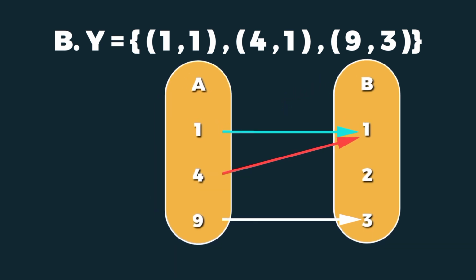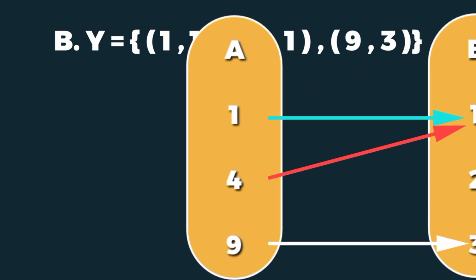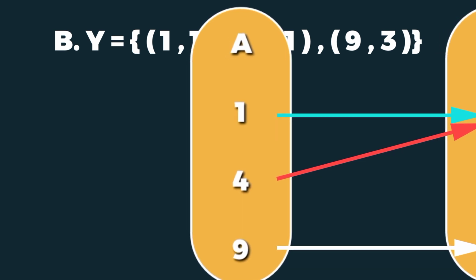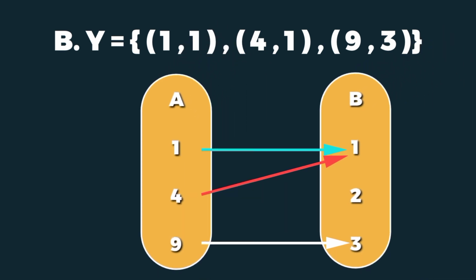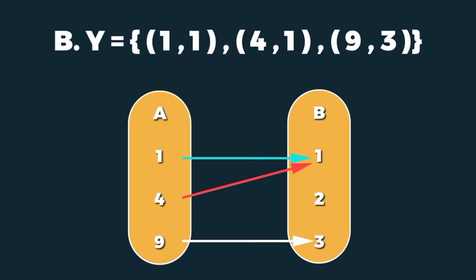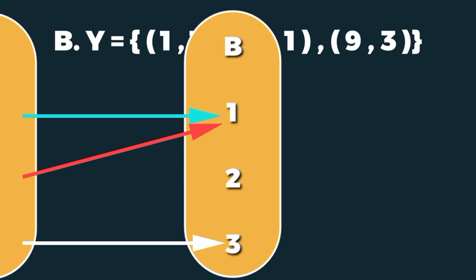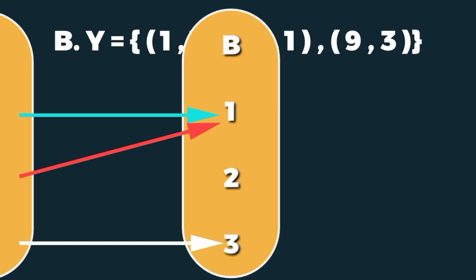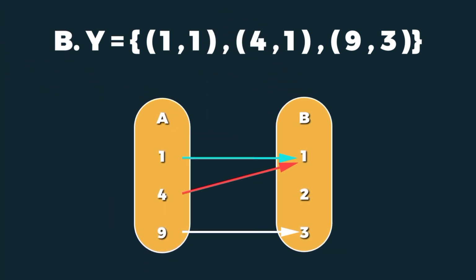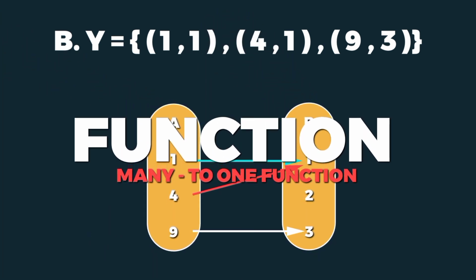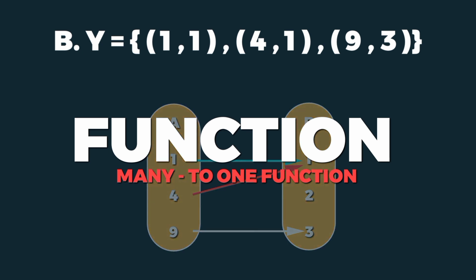For the first property, every element of A is the first element of an ordered pair. So check, because all the elements in A have a pair. How about the second property? No two distinct ordered pairs have the same first element. Also check because no first elements are the same. So this is also a function because it satisfied both properties.